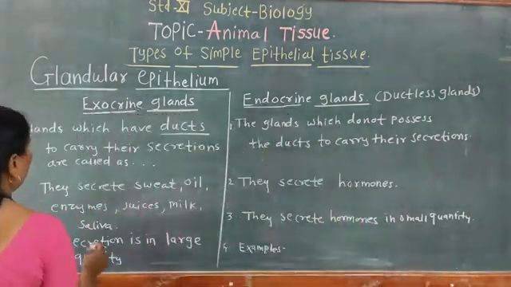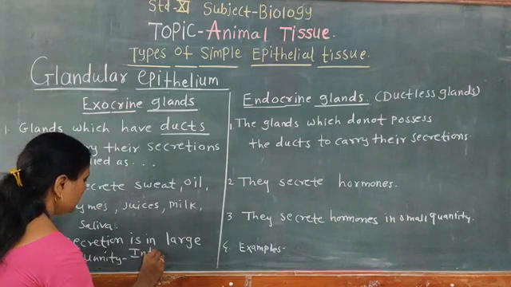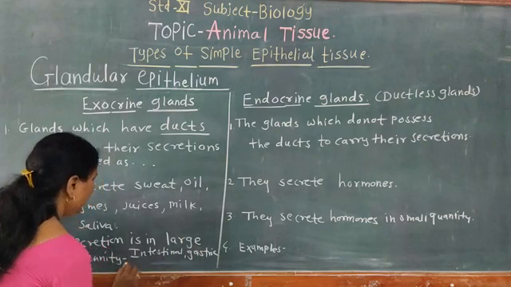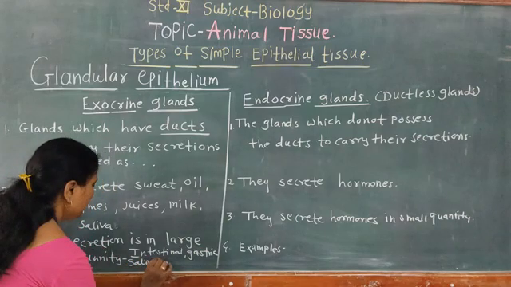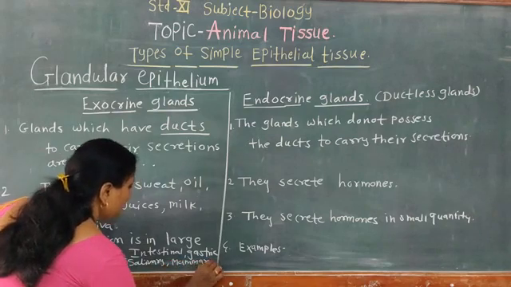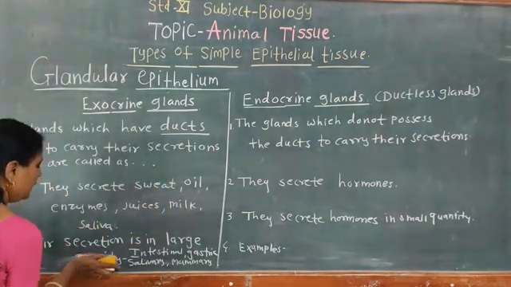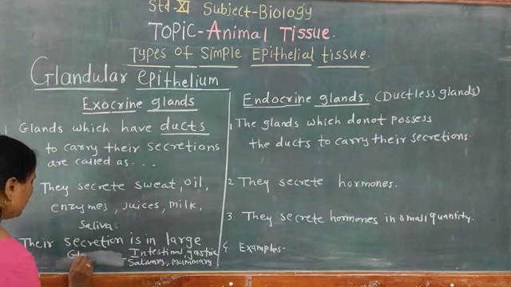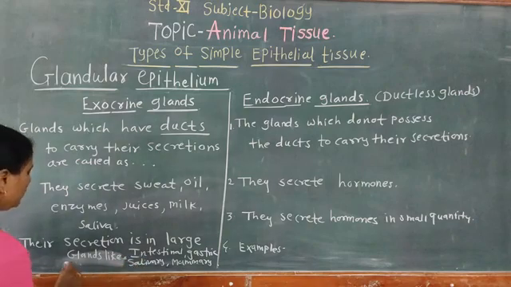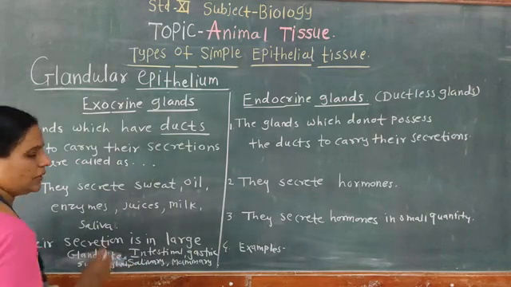So I will write here mainly the examples: intestinal glands, gastric glands, then salivary glands, and milk glands, that is the mammary glands, are the examples of exocrine glands. Such glands are called the exocrine glands. Glands like intestinal, gastric, salivary, mammary, sweat glands are the examples of exocrine gland.